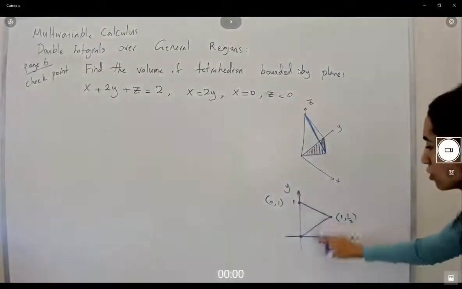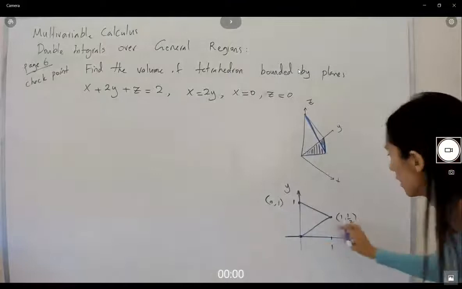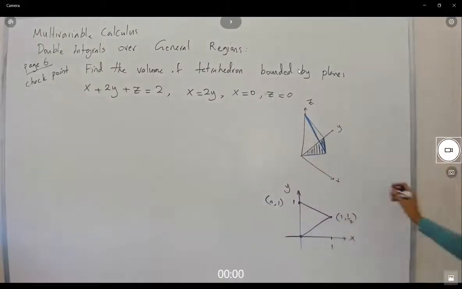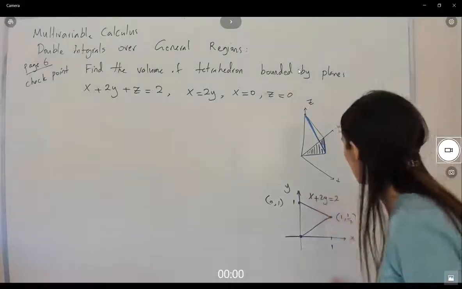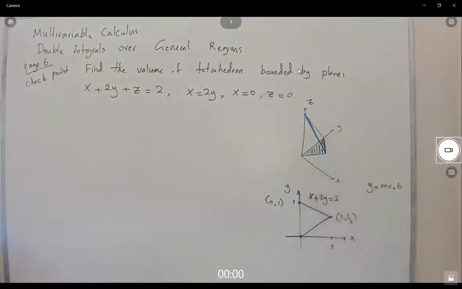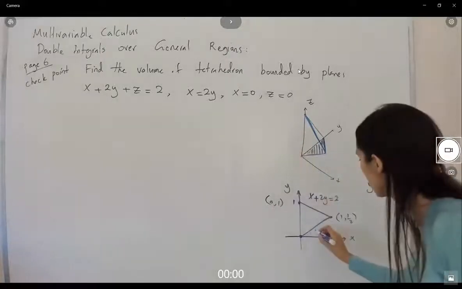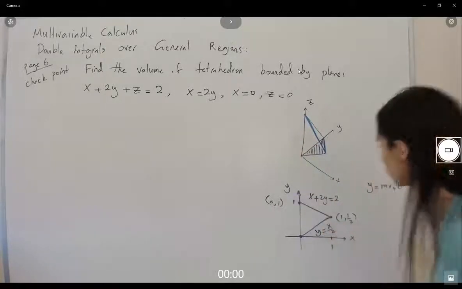We can write the equation of these lines by just connecting these points, y equals mx plus b. Very well, the first line on top is x plus 2y equals to 2. And the second line down there is going to be y equals to, you already have the information, x over 2.